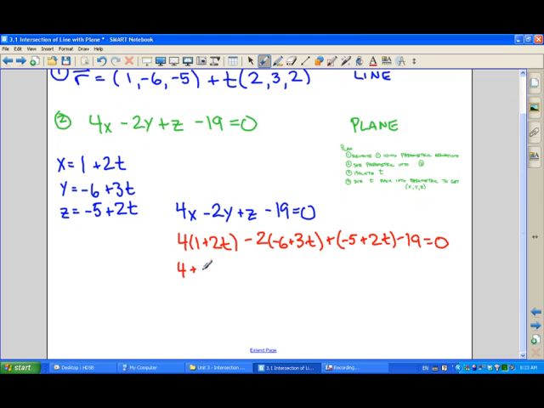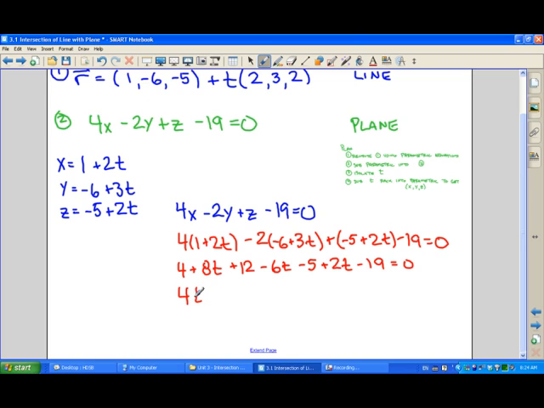Distributing, we get 4 plus 8t plus 12 minus 6t minus 5 plus 2t minus 19 equals 0. I want to isolate and solve for t, so I'll gather up all my like terms.